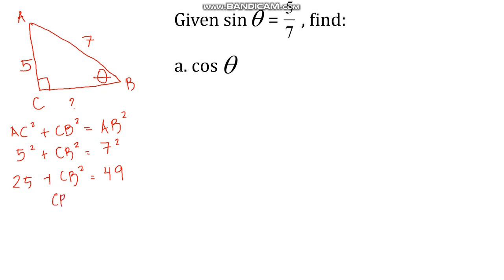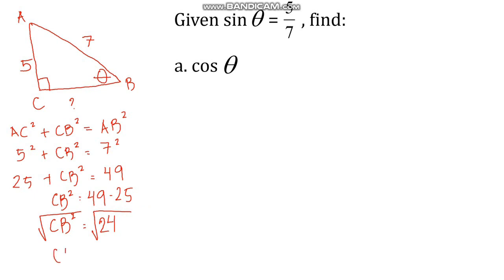Then just simplify it more. 49 minus 25. So CB squared is equal to 24. Then just get the square root of both sides.